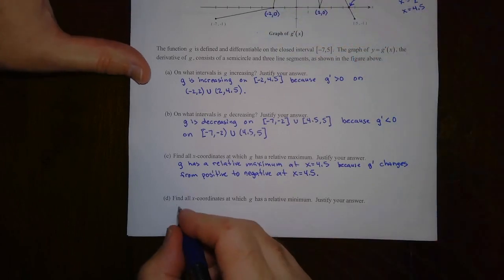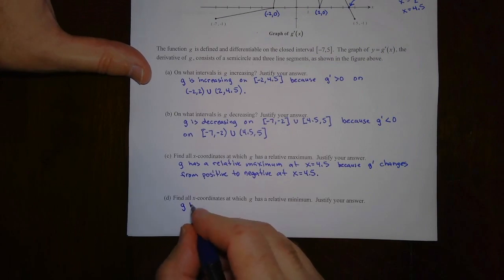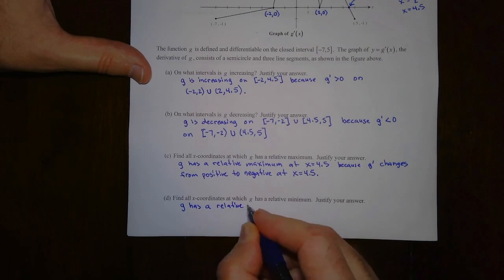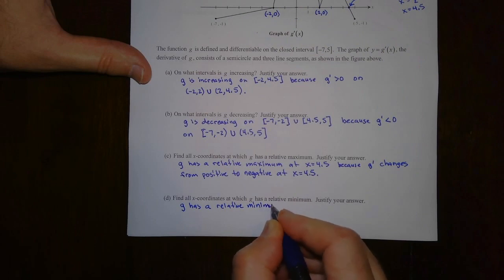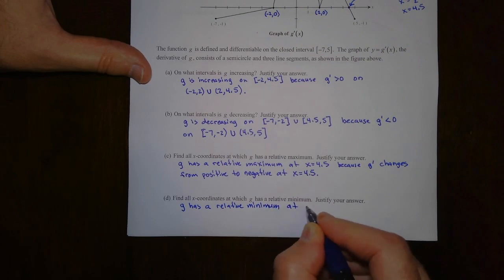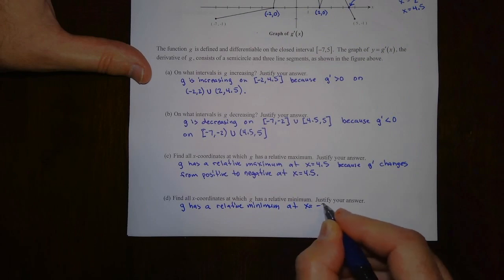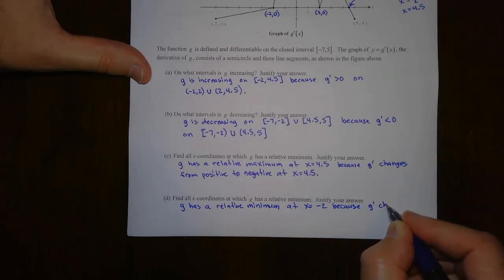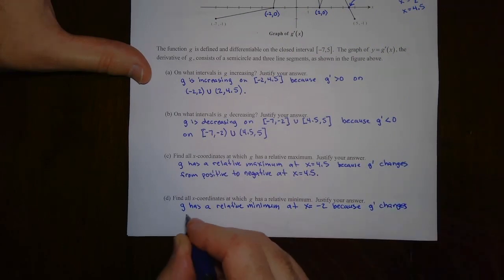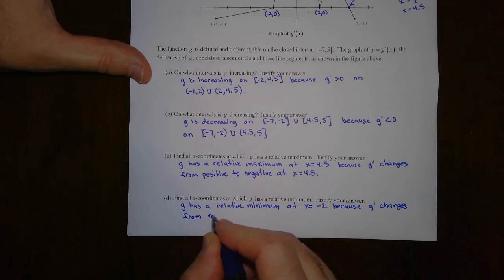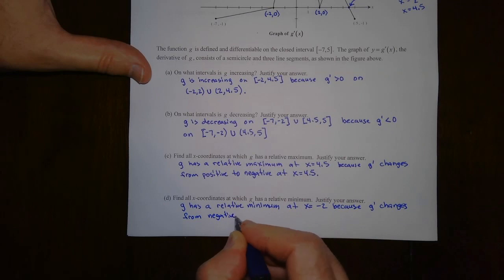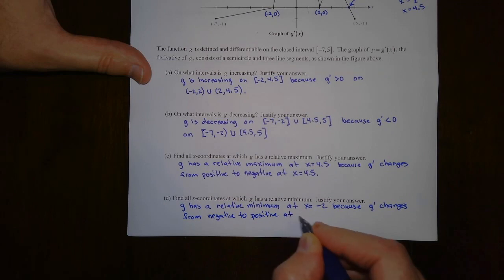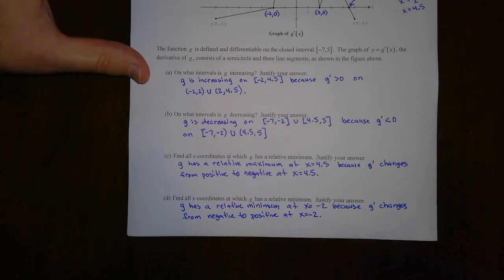So g has a relative minimum at x equals -2 because g prime changes from negative to positive at x equals -2.